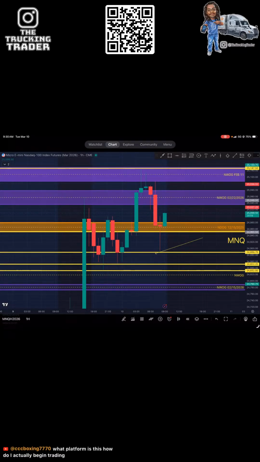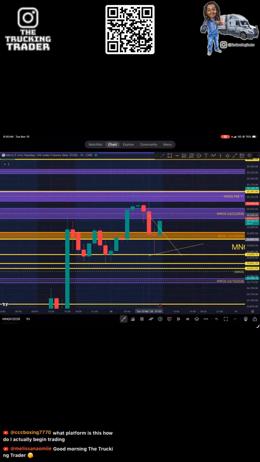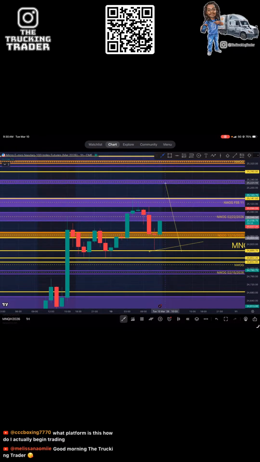So price is pretty much in a weird situation right now because it's being held down by these gaps right here, right? Look at how these bodies are closing on this new week opening gap from February the 11th. Look at how these bodies are closing. That doesn't mean that it can't go up there and sweep this liquidity up here. We have other areas too, right?